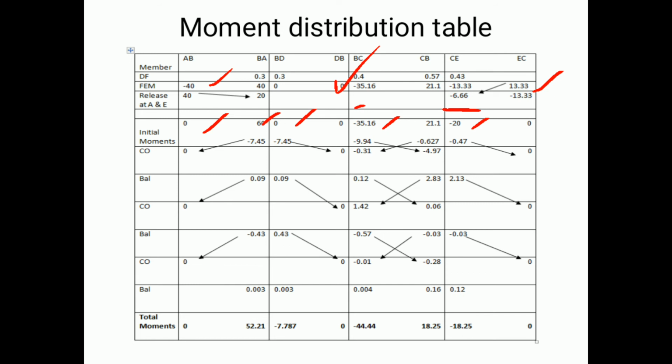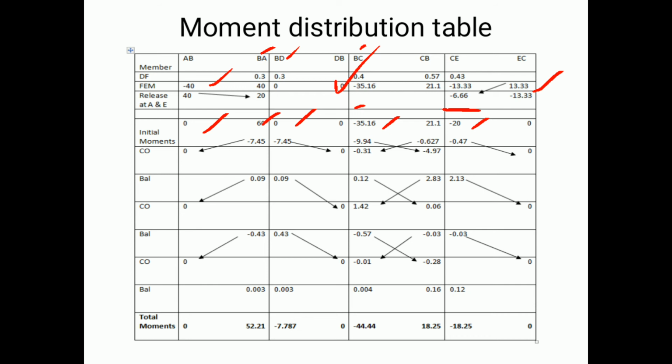So with the initial moments I got, I need to distribute this moment as per the distribution factors in concern. Coming on to joint B, I have three members for joint B: BA, BD and BC. So I need to add all the moments of these three members, that is plus 60, plus 0, minus 35.16.